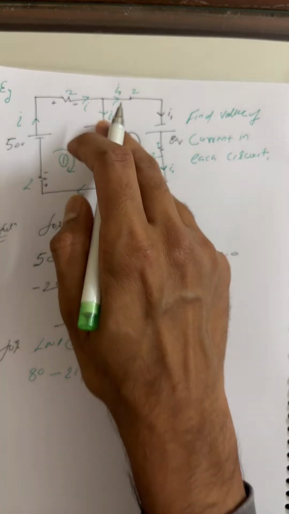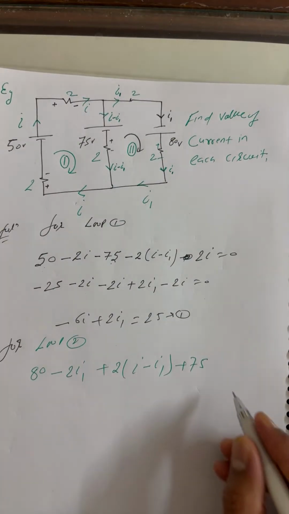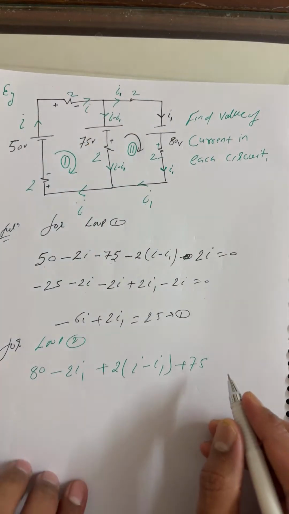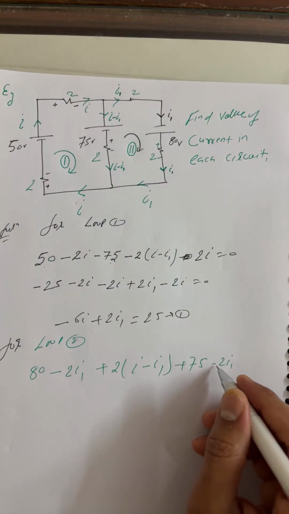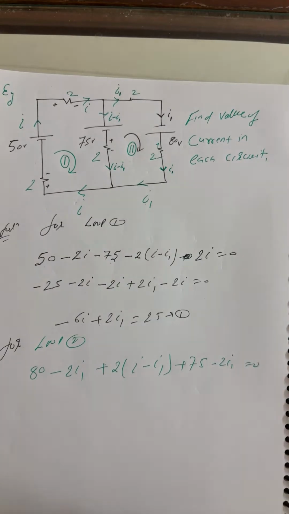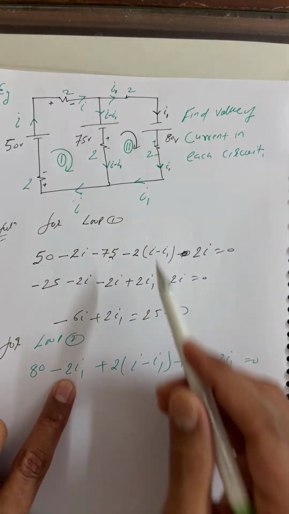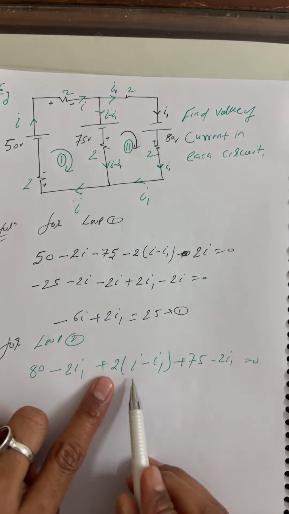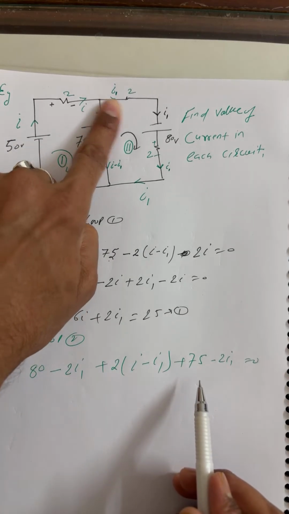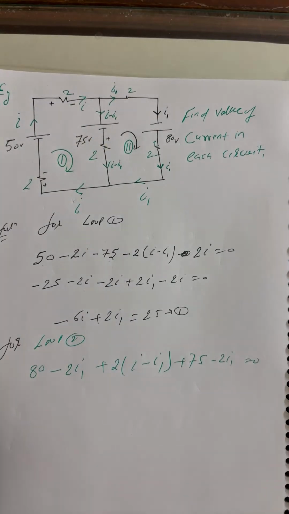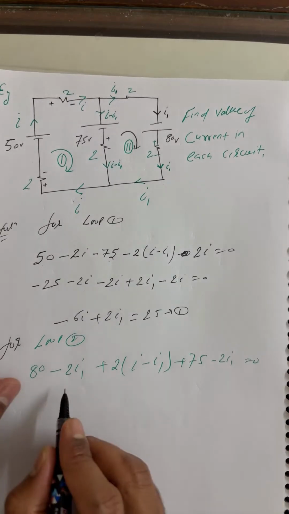Then minus a plus plus 75, this transition here minus 2I1, minus 2I1, which is equal to 0. See carefully: plus to minus, minus 2 plus twice I minus I1, minus 2 plus, plus to minus, correct, everything is fine. Now this is 80 and 75, which means 5 only.